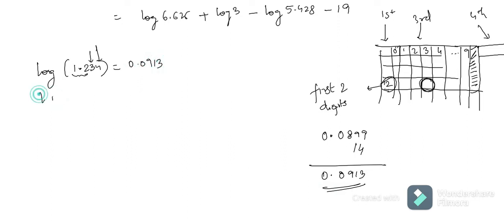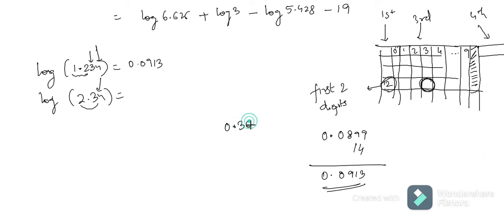Okay, now log of suppose 2.34. How much will it be? First we have to find the number 23. So 23 and the third digit is 4. So 23, 4 is 3692.